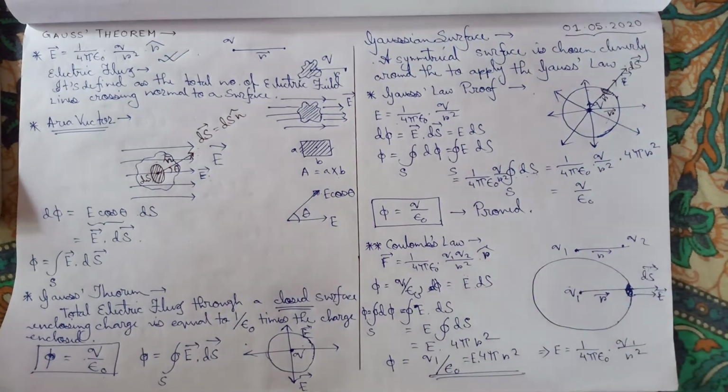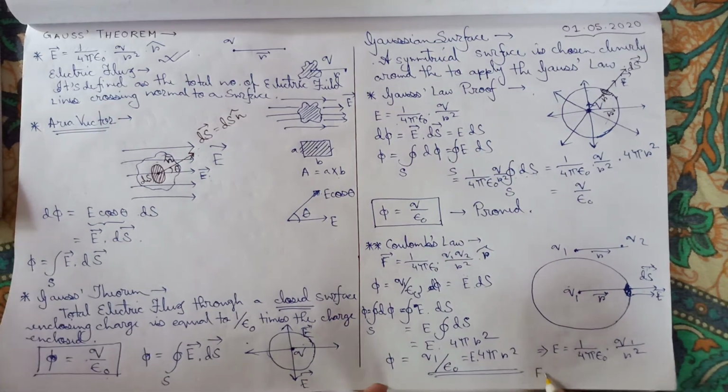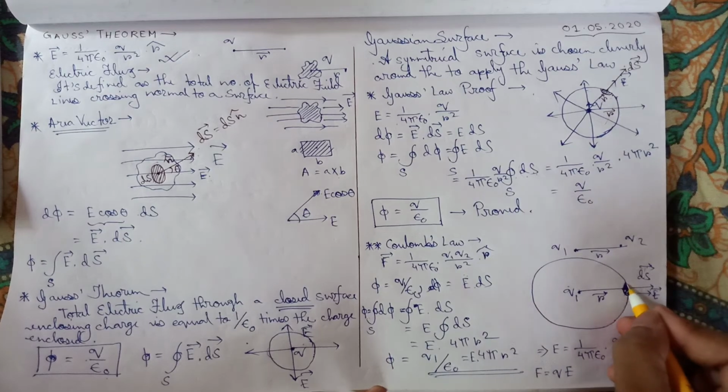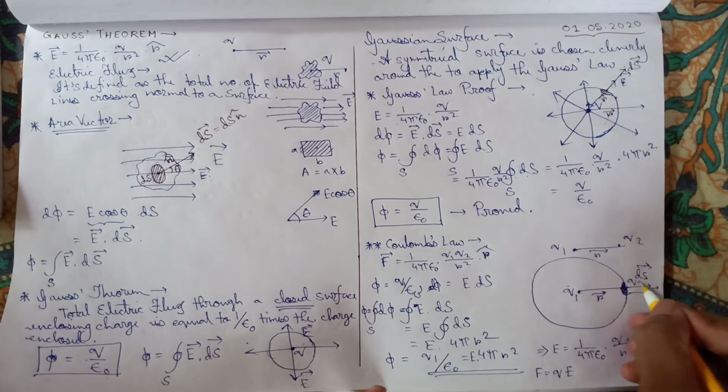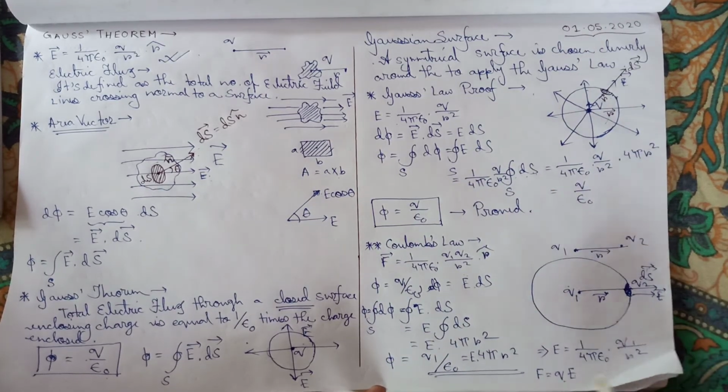It's easy. Now from the concept of electric fields, we know the force is equal to charge into electric field. So we can say the force on the charge q2, if we place this point charge q2 here, will be the electric field due to q1, which is E, times the charge q2.